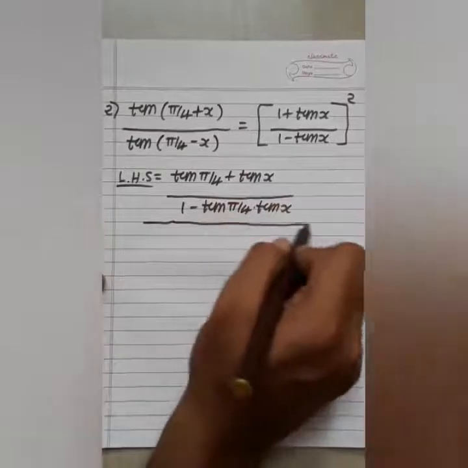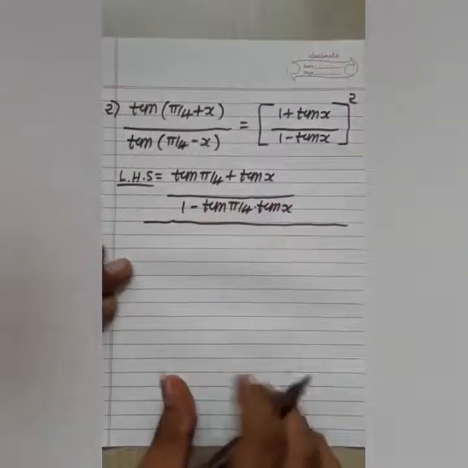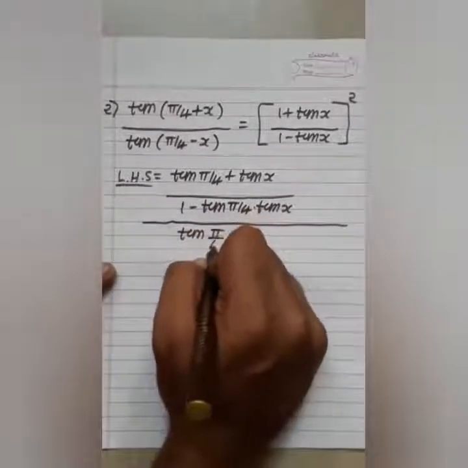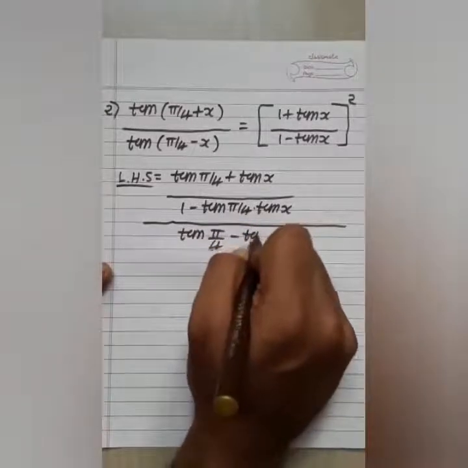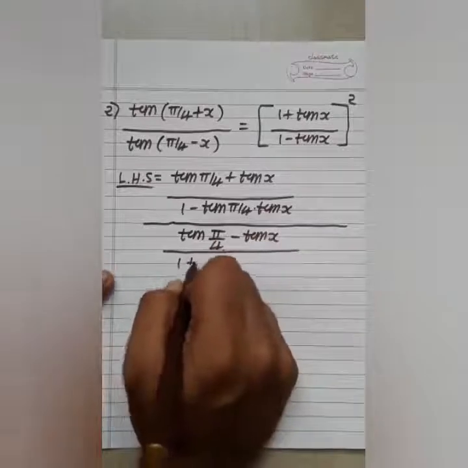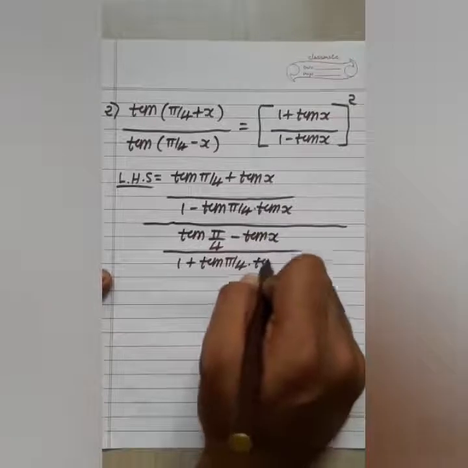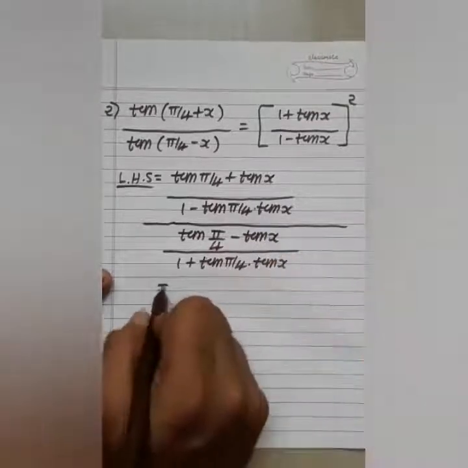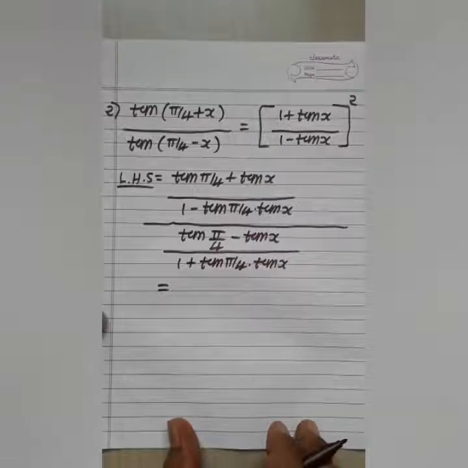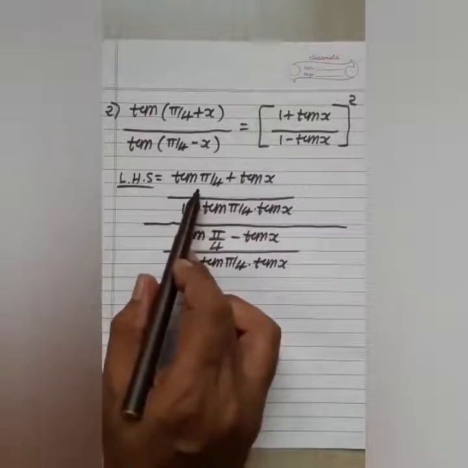In the same way, in the denominator term apply the identity tan(a minus b), that means tan pi by 4 minus tan x upon 1 plus tan pi by 4 into tan x. Now, using the trigonometry table, we know that the value of tan pi by 4 is 1.